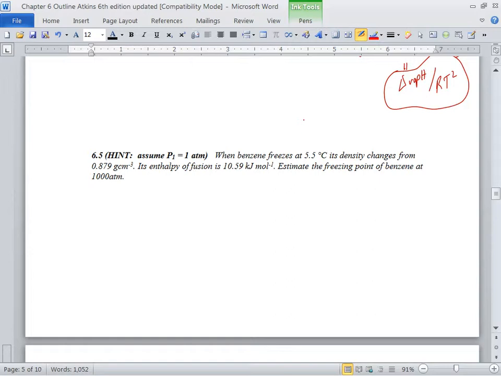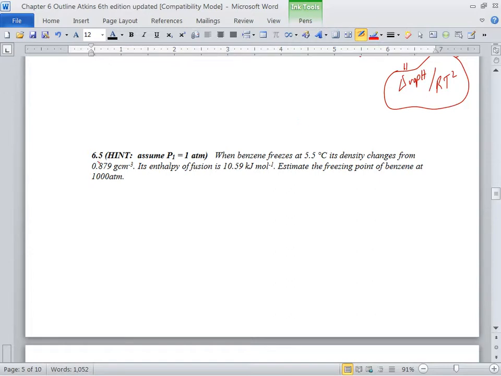The other density you think is 0.891 grams. So the liquid is, yeah, we're missing the 0.891. And that's supposed to be the solid.